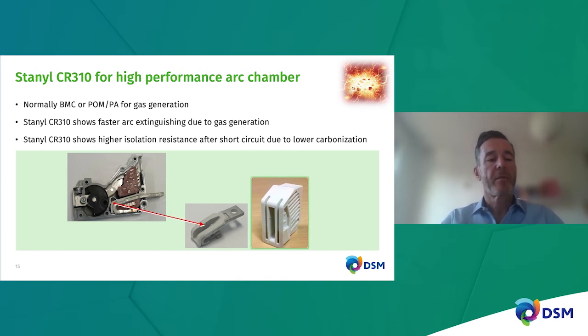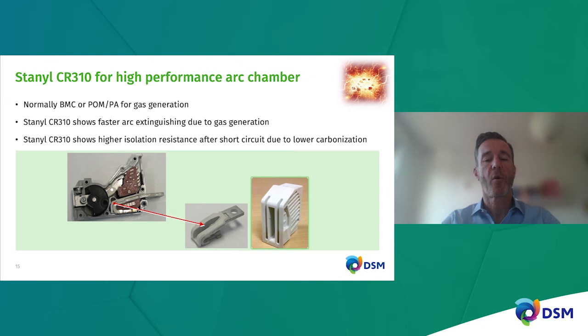We have developed the material Stenil CR310, which shows much faster arc extinguishing performance due to excessive gas generation. Also, does this Stenil CR310 result in a higher isolation resistance after short circuit? The material generates a limited amount of soot, and as you know, soot is electrically conductive.